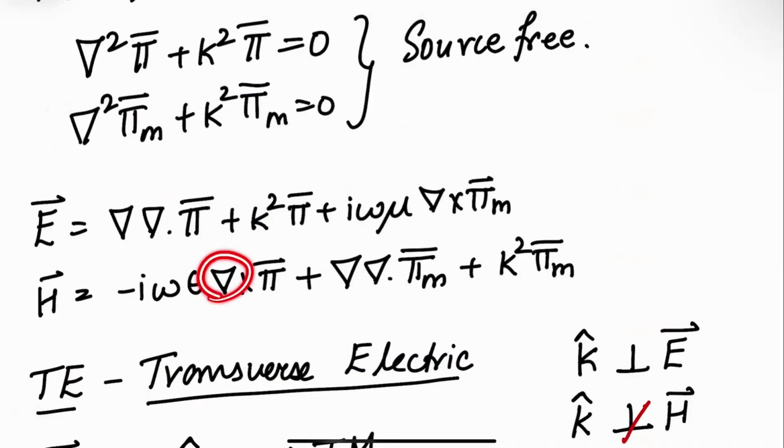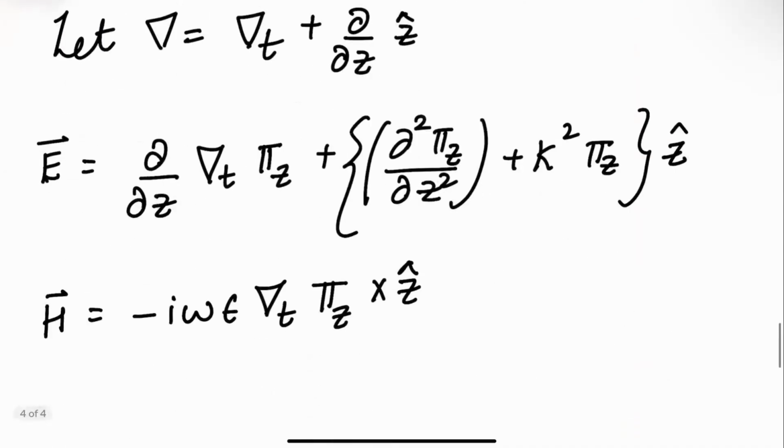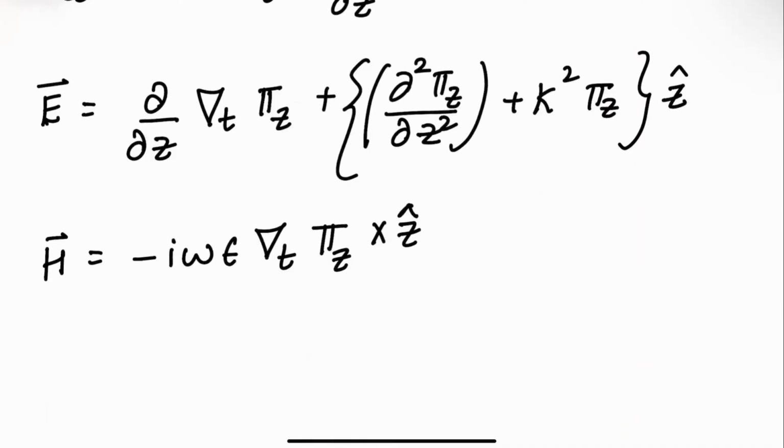You can separate this into del t and d over dz. This only has a z hat component, so d over dz, z hat crossed with z hat goes to 0. You're left with just del t crossed with this, and that's what this is, with one vector identity involved.